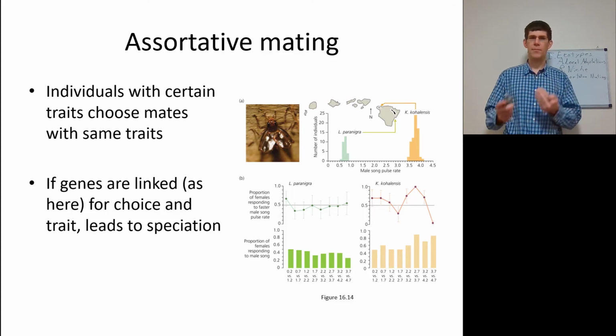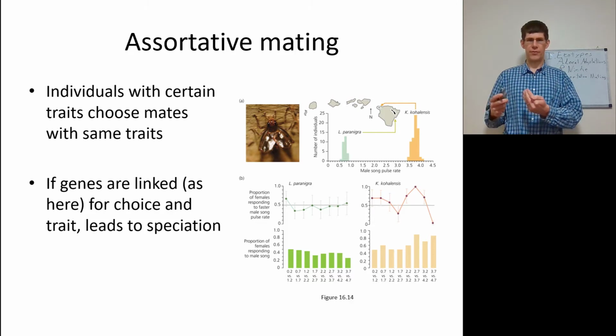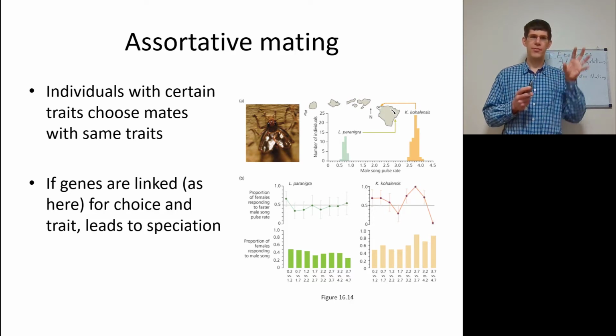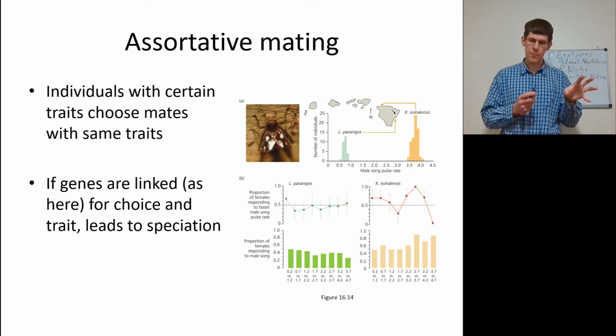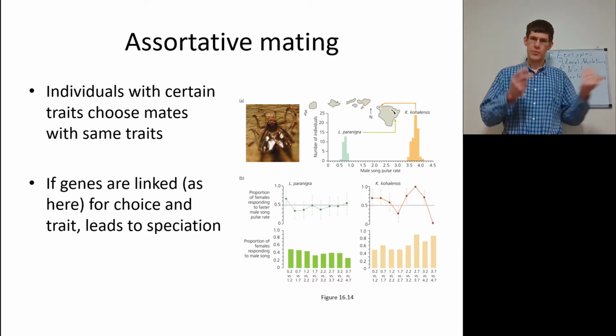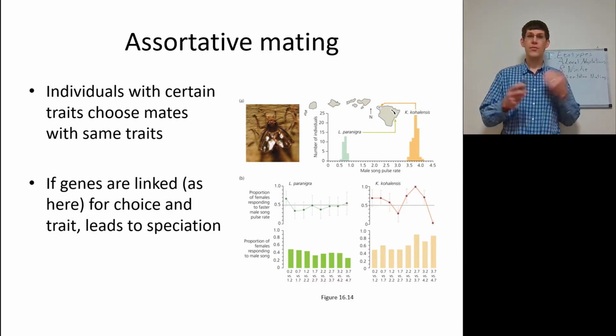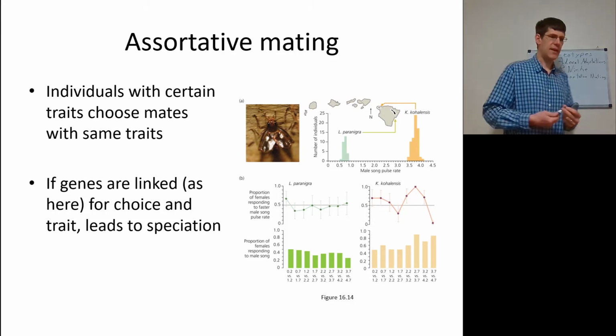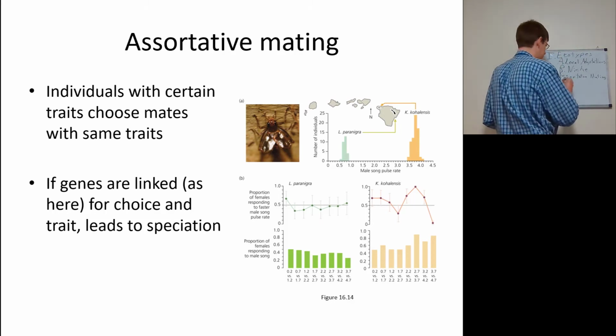The ones that have long pulses are going to produce males that have long pulses and females that prefer long pulses. And same with the short ones. If they have the genes for short pulses, they're going to produce males that produce short pulses and females that like short pulses, which are then going to interbreed. So the linkage of these genes enforces that assortative mating in a distinct type of sexual selection.